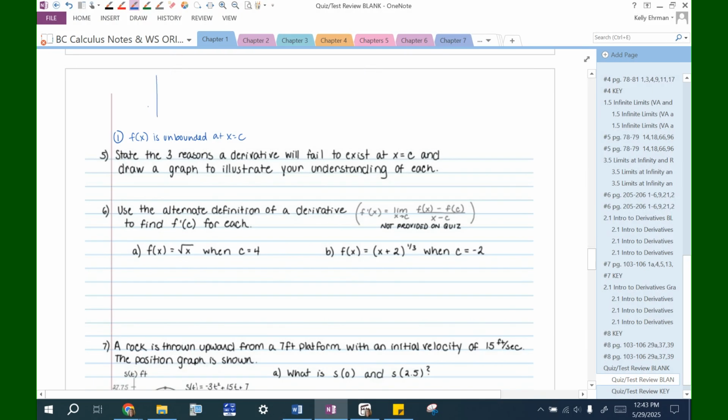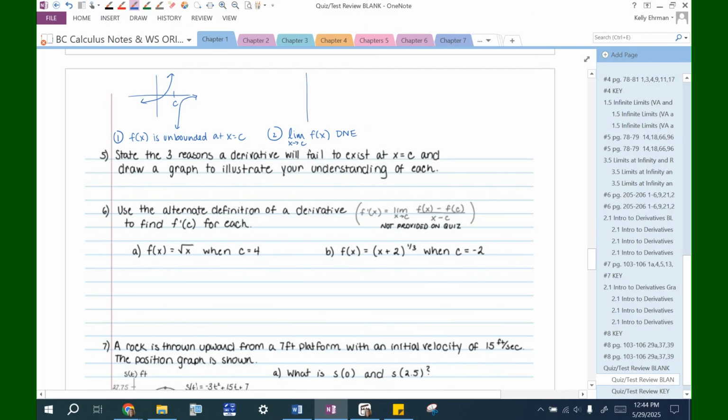So what might that look like? Here's c. Here's f of x being unbounded. Okay. Scenario 2, the limit as x approaches c of f of x does not exist. Now that could be because of being unbounded, but I want a different scenario.